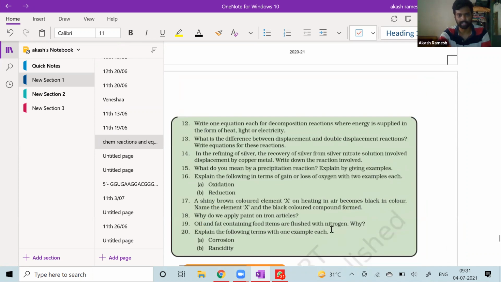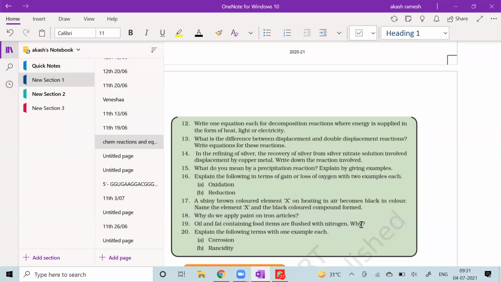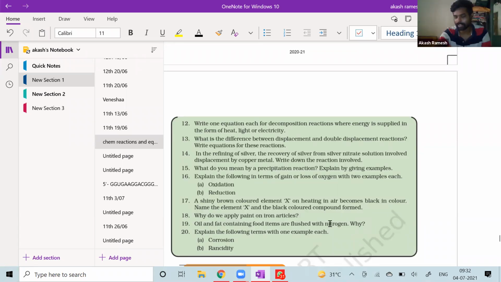Okay, now look at this question, guys. Oil and fat containing food items are flushed with nitrogen. Why? Any idea? It is something related to what we saw. Oxygen does not get to react with it. I'm just expecting one term.